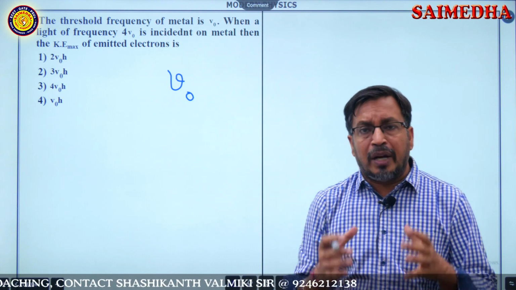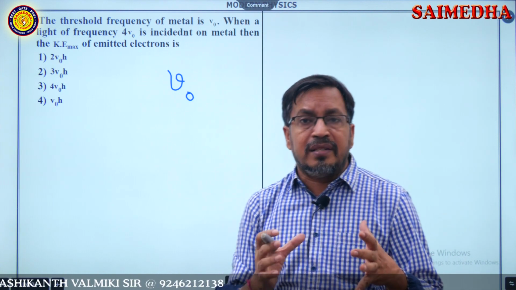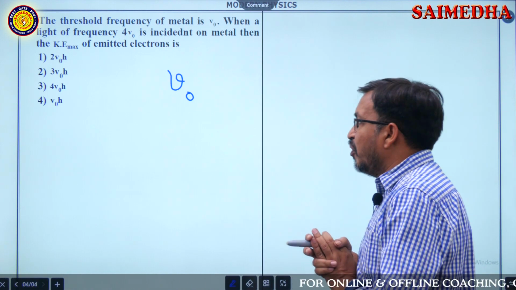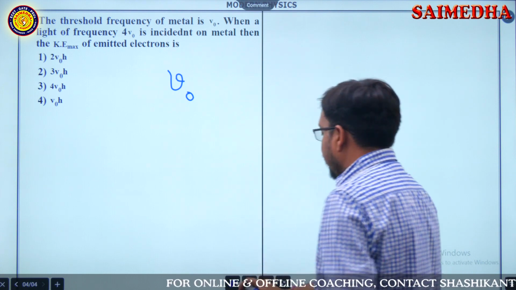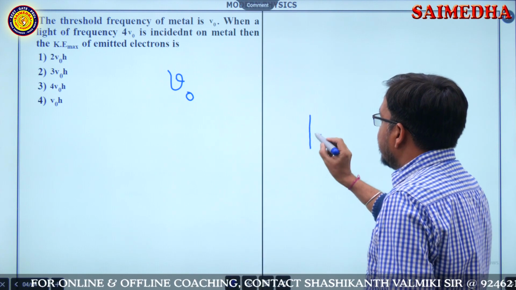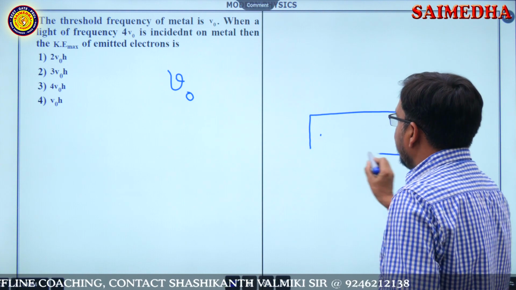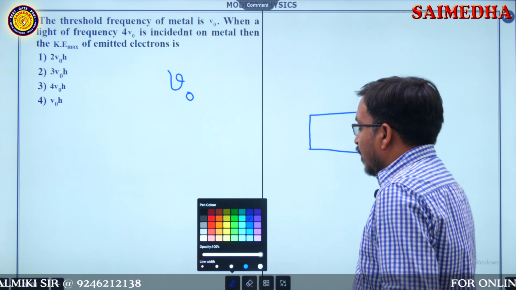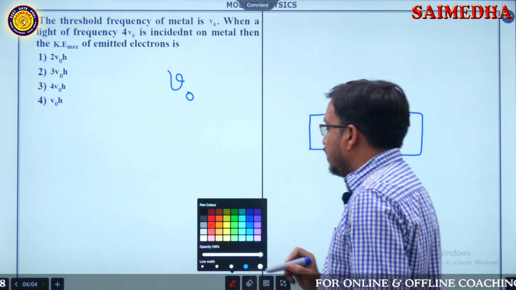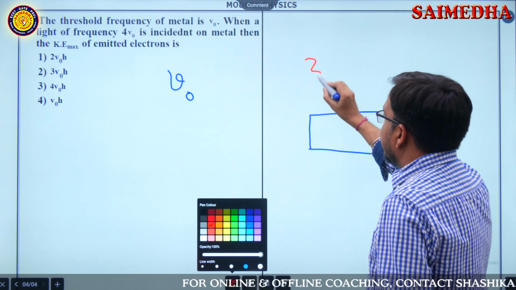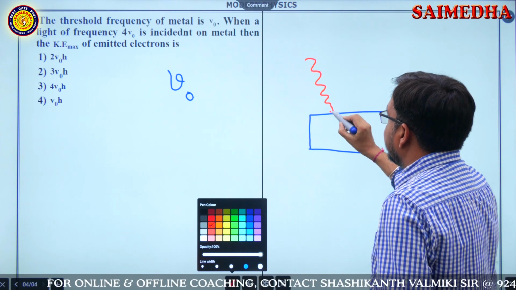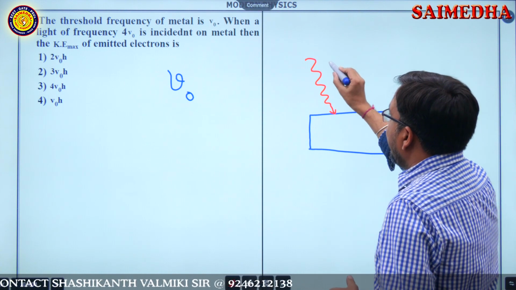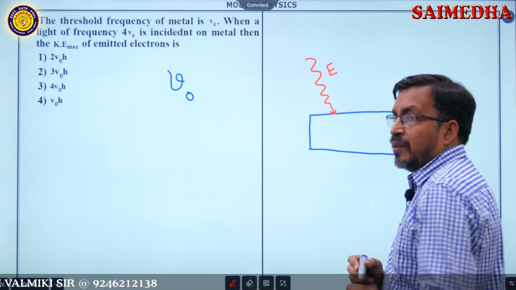The topic this question is asking about is Einstein's photoelectric effect equation. What does Einstein's photoelectric effect mean? See here, I am considering a metal. This is a metal. Now, when light is incident on the metal surface, this is light, I am considering E as the energy of the photon.